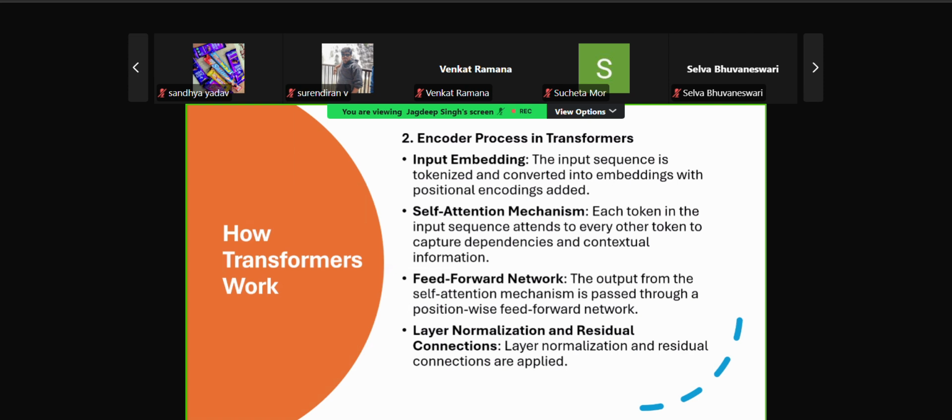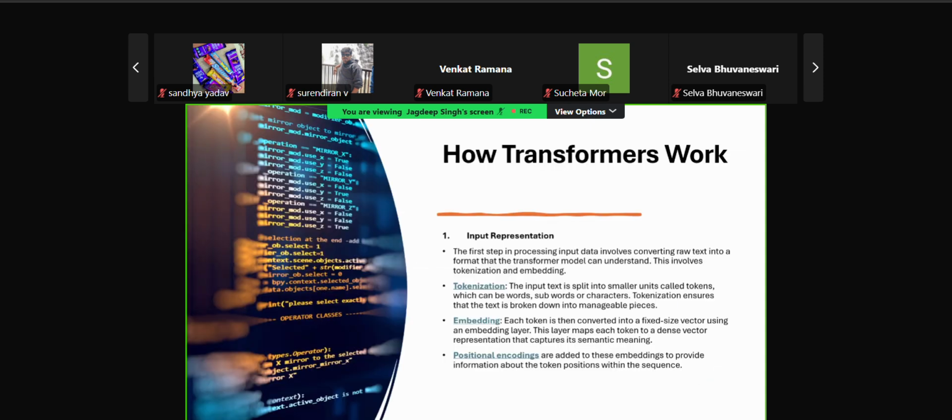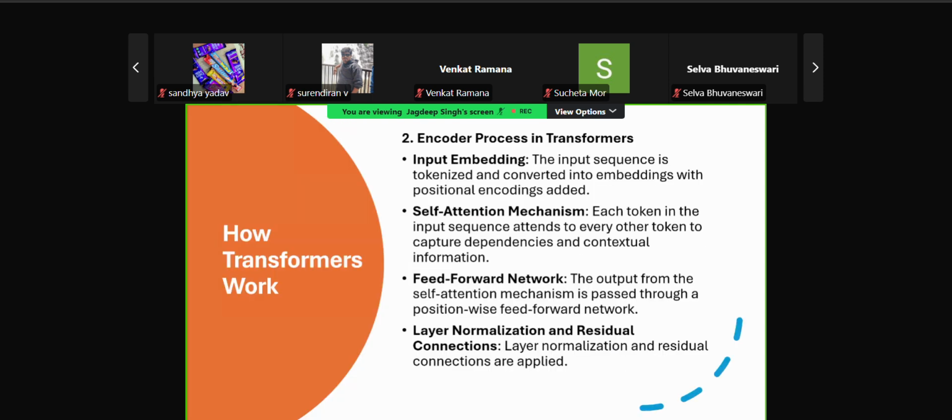First you identify the tokens, the embeddings, your input representation, then you go for the encoder processes: input embedding, self-attention mechanism, feed forward network, layer normalization, residual connections.